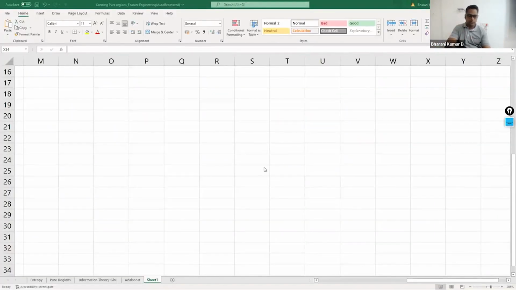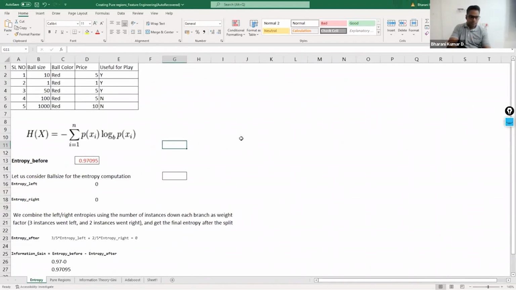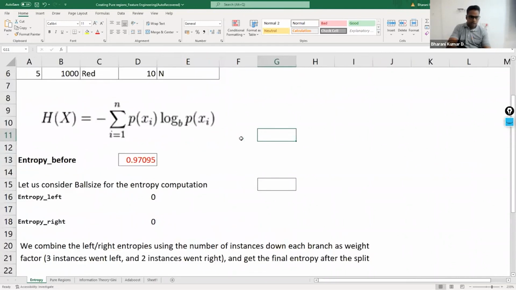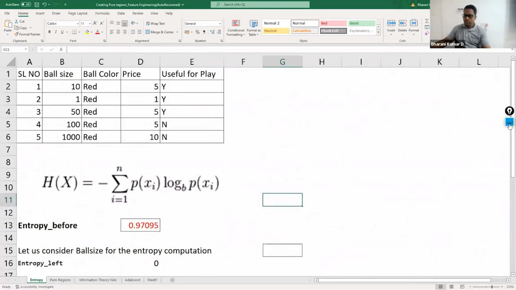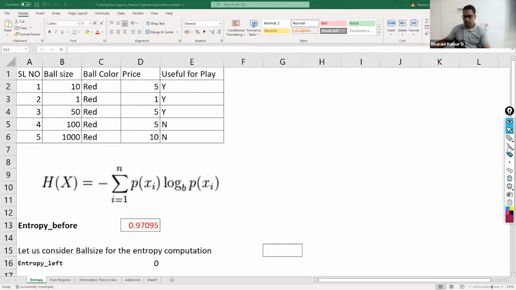Back to our discussion. Now, let's take a specific example here of a data set wherein you have all these x1, x2, x3.